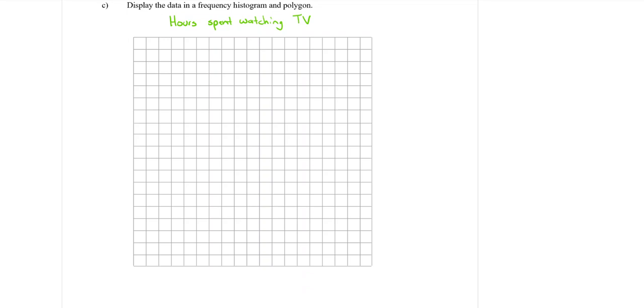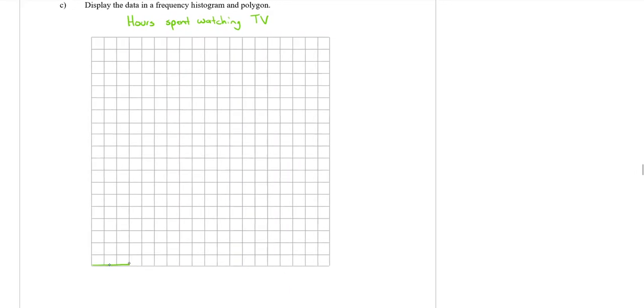Set up your axes. Across the bottom is normally our x value. What was our x in the table? The class center. The class center was the x. So across the bottom, we can use CC, which stands for class center.